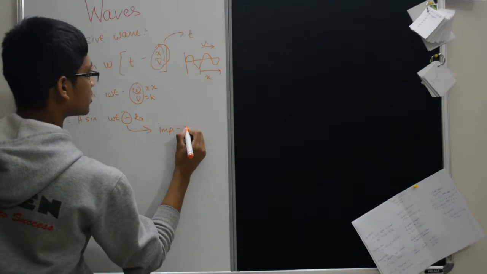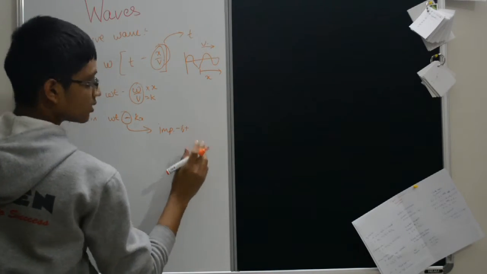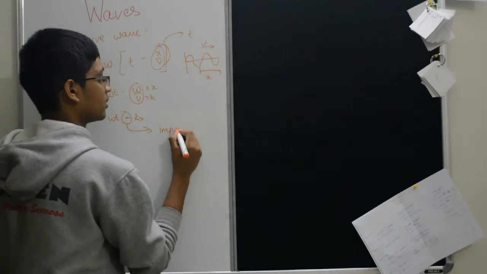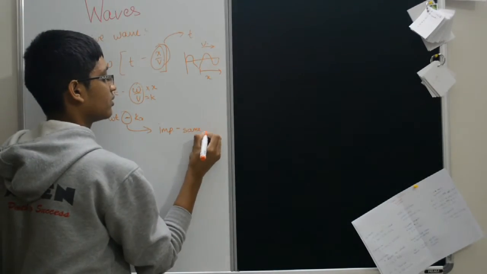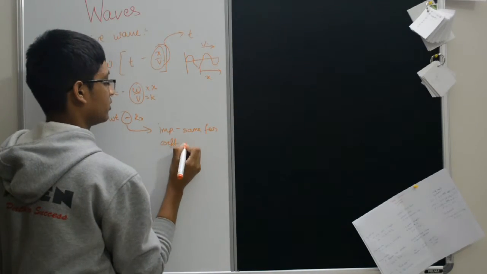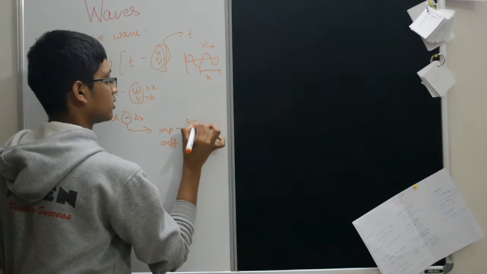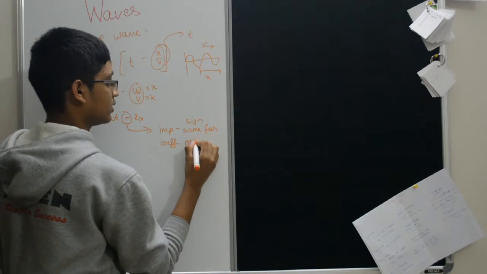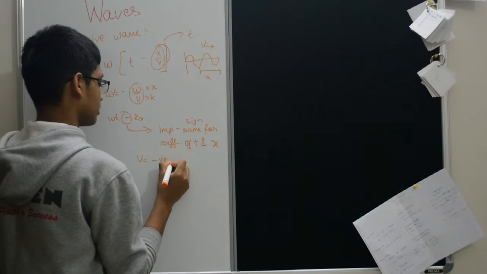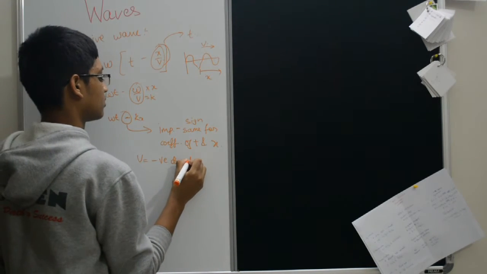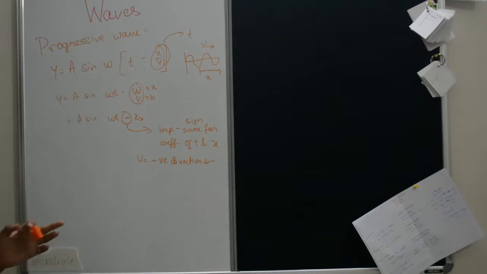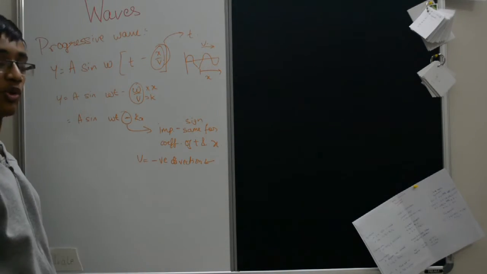If the sign is the same for the coefficient of t and x, the velocity is in the negative direction, that is this side. Now if it is different, that means it is moving in the positive direction.